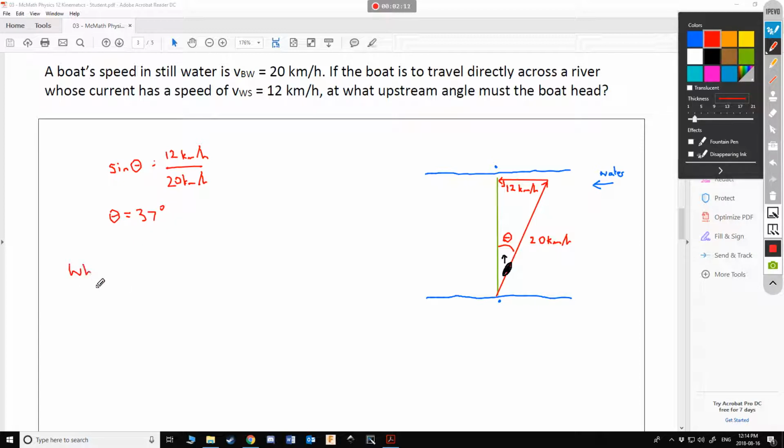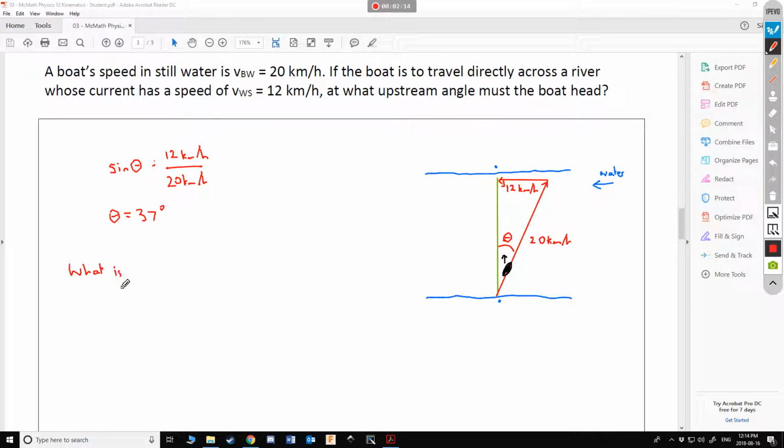So what is the time required to cross this river given that its width is 5.0 kilometers?